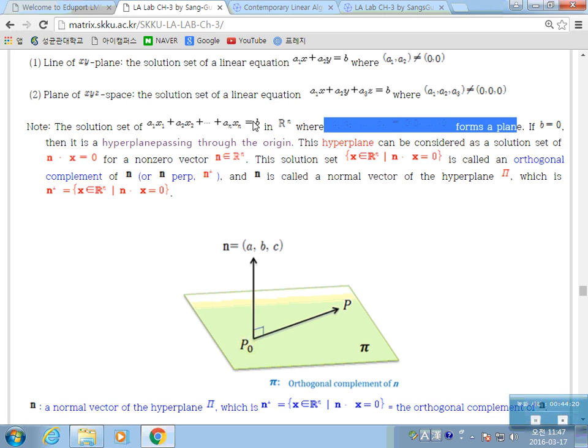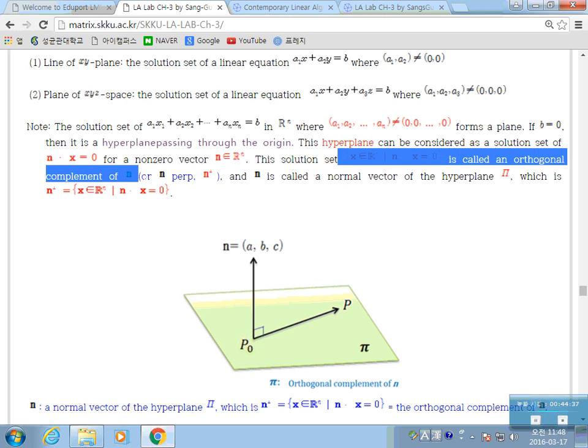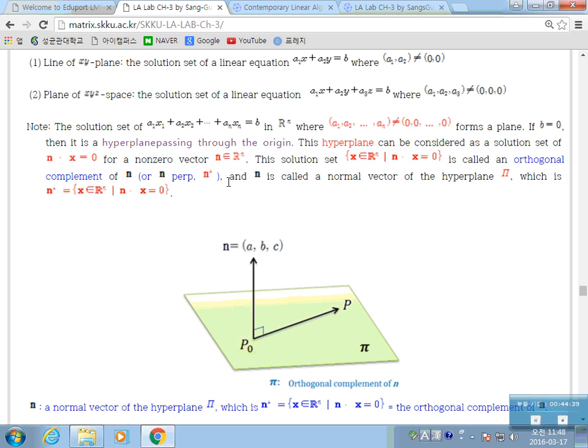If B is equal to 0, then it is a hyperplane passing through the origin. This hyperplane can be considered as the solution set of the inner product of n with x. This solution set is called the orthogonal complement of n, written as n perp.